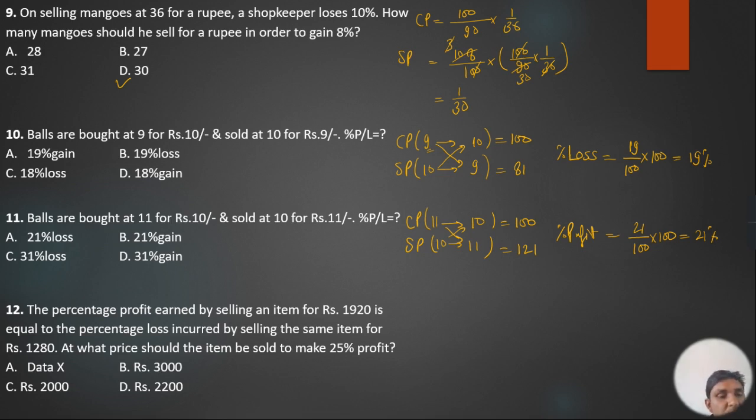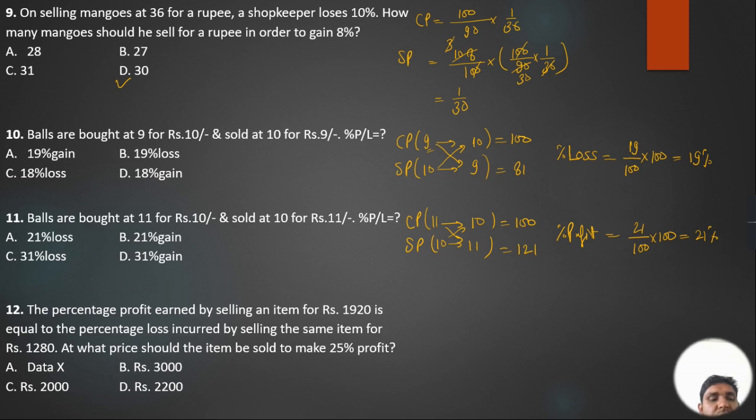So talking about the next question, question number 12. The question is: the percentage profit earned by selling an item for rupees 1920 is equal to the percentage loss incurred by selling the same item for rupees 1280.